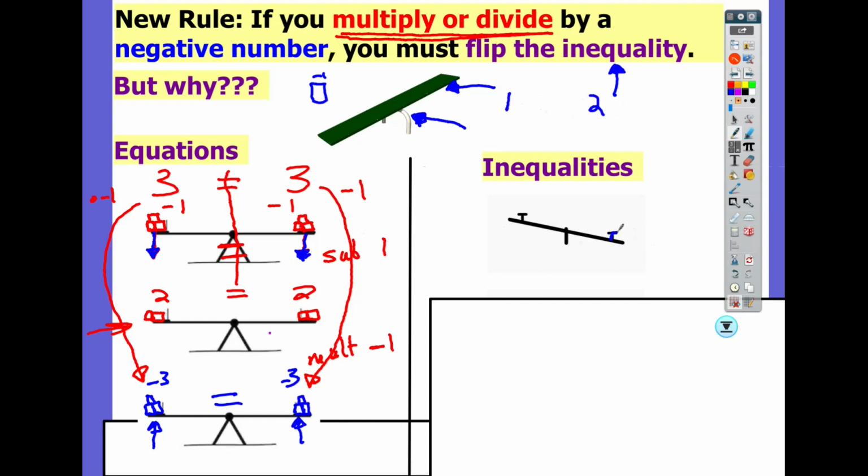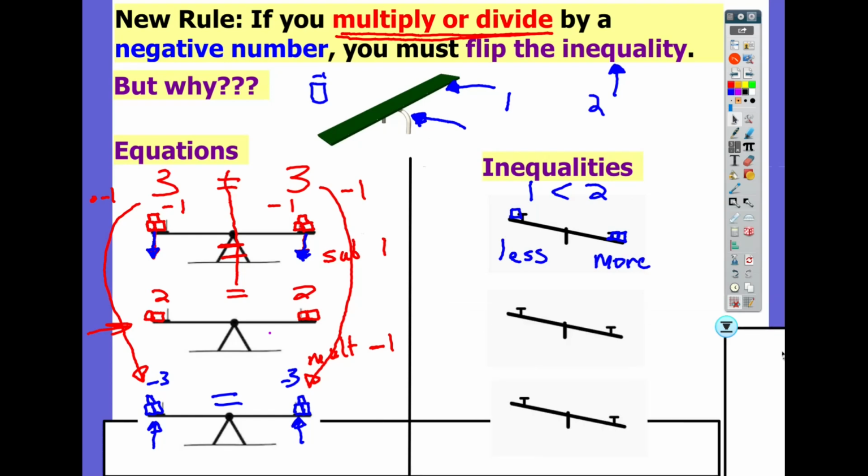If you put 2 blocks on here, you would see that this side would go down. So this side being down says this is more and this is less. This picture is essentially like the statement 2 is greater than, because remember it opens up to the greater number, 1. So we can also show those balance method steps.